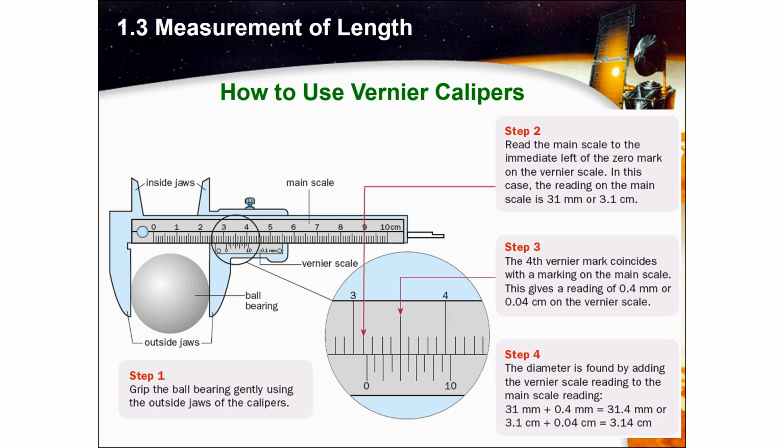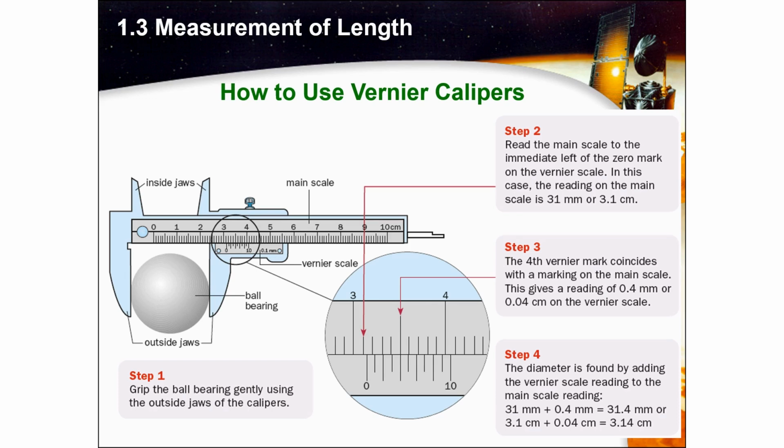And then you can also see step 3, where the line coincides, where the mark finally coincides with the marking on the main scale. So you can see 1, 2, 3, 4. That means it is 4 right after the step 2.